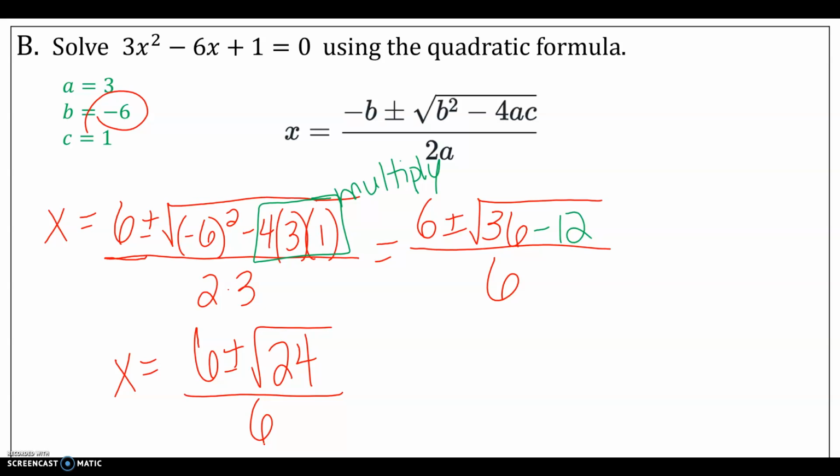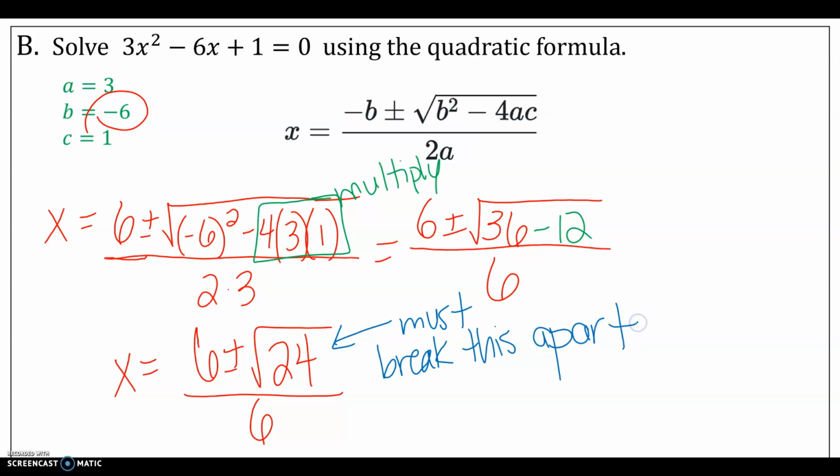Now, from here, you need to look at the radical. You must break this apart. And this is from a few chapters ago, you need to find a square root inside of 24.